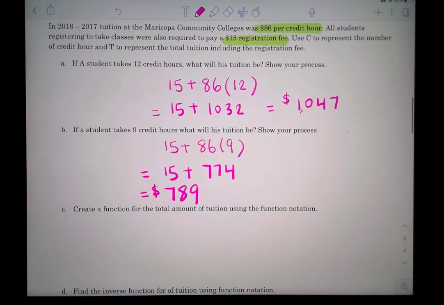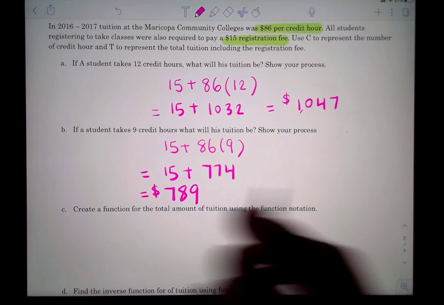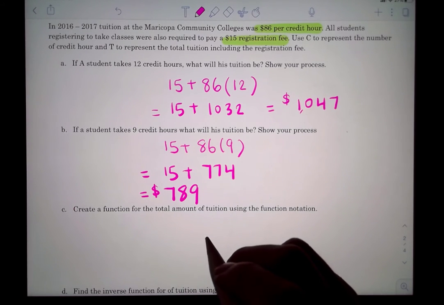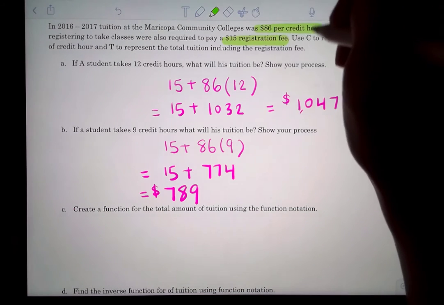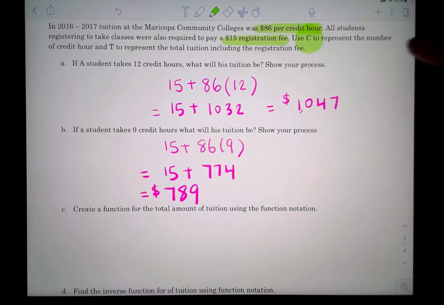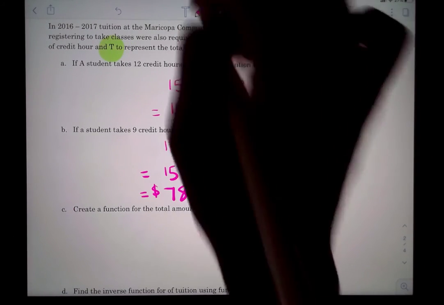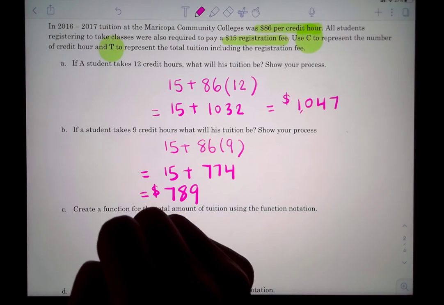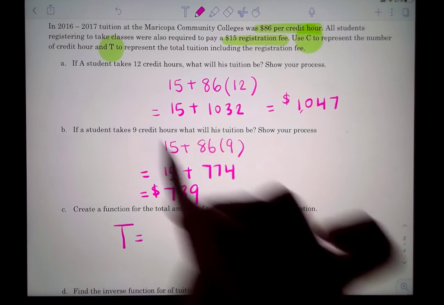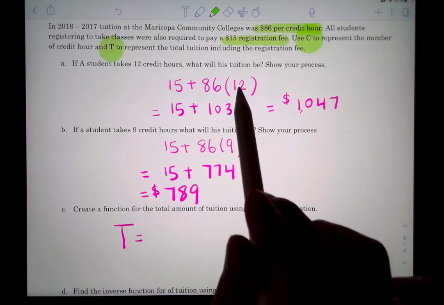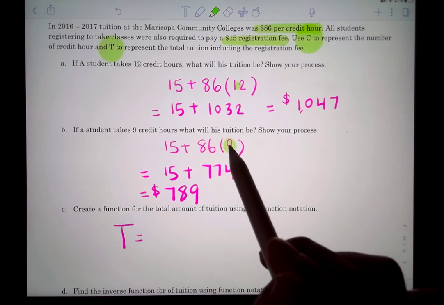And for C, create a function for the total amount of tuition using function notation. Here's the variable they set. Use C for the credit hour, T for the total tuition. So I will do T equals... your changing value, your variable, is credit hour.